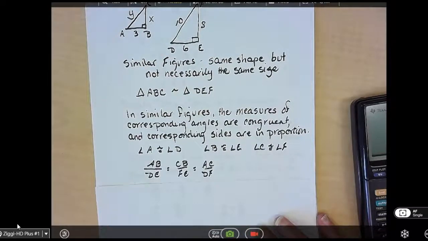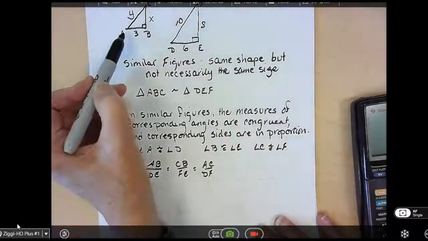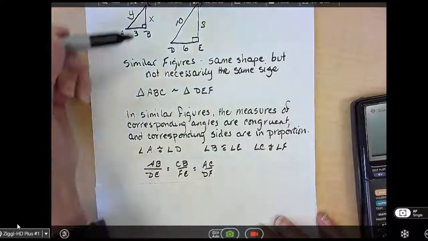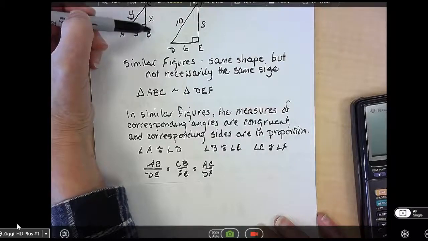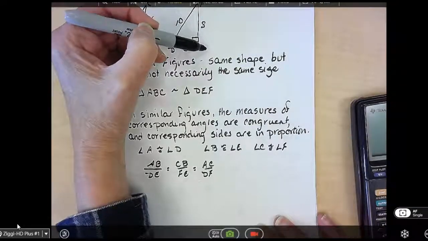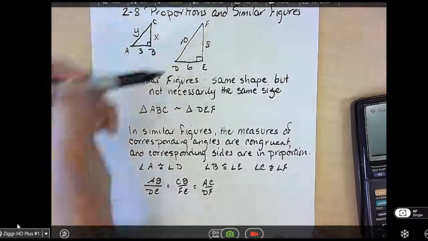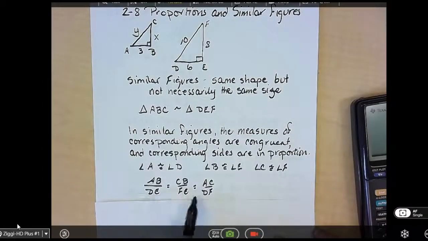So we could do the sides AB to DE, and that would have to equal CB to FE, and then AC and DF. Those side lengths would all be equal to each other.